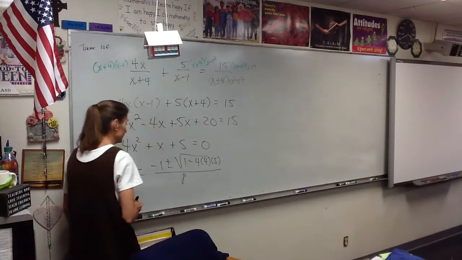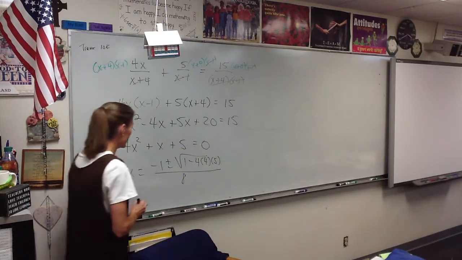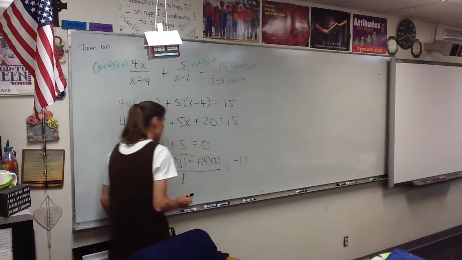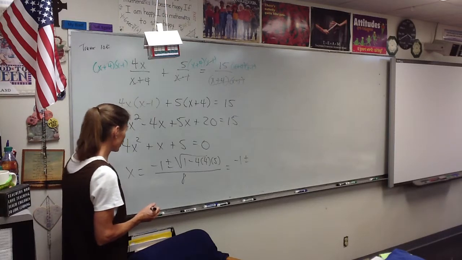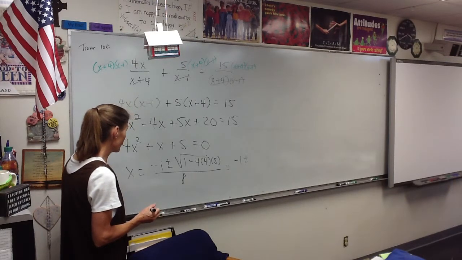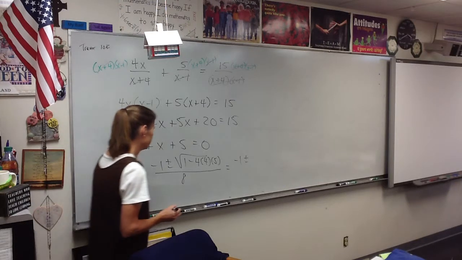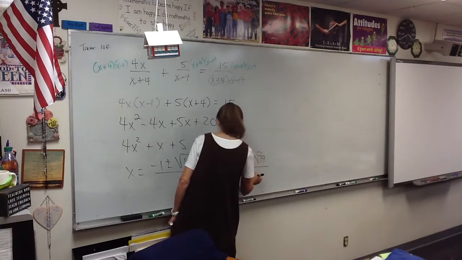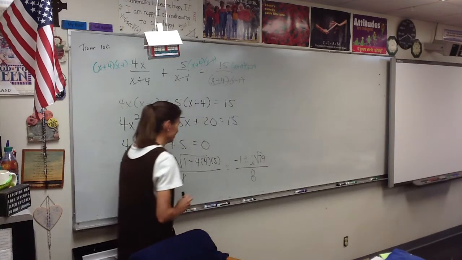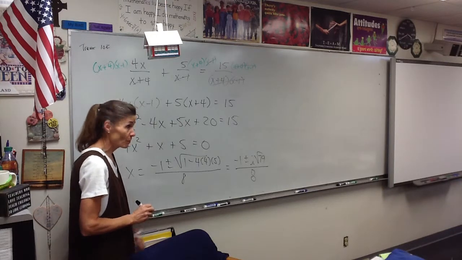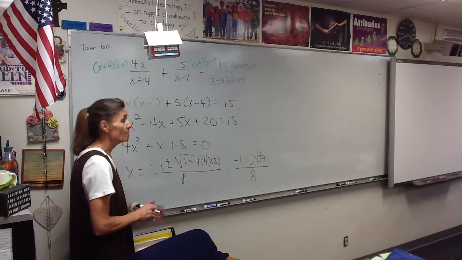Oh boy. What's going to happen? We're going to get no real solutions for sure. What is that? The square root of what? So we didn't get any real solutions, but we got a couple of imaginary solutions.